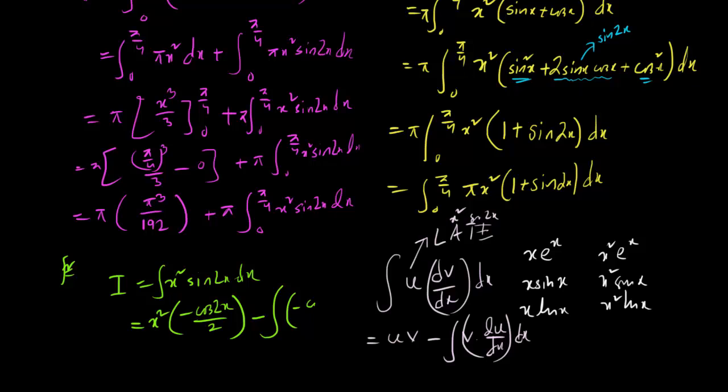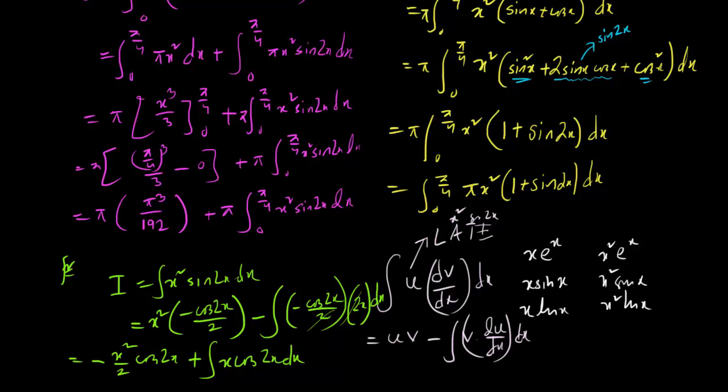So v is minus cos 2x by 2, and du by dx is the derivative of x squared, which is twice x, and we have dx. So now we have minus x squared by 2 cos 2x. This minus and this minus, if we bring it outside, becomes plus. This 2 and this 2 cancel, and we get the integral of x cos 2x dx.